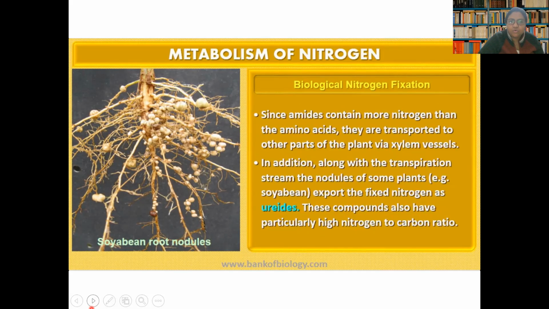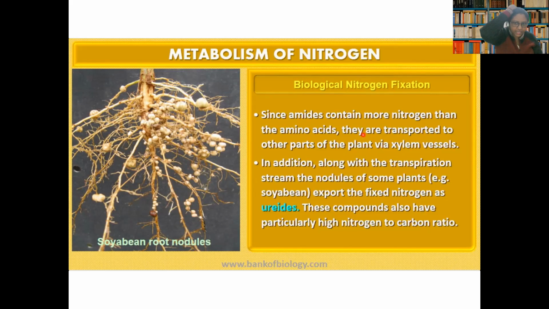Amides contain more nitrogen than amino acids. In amino acids, generally only one NH2 group is there; in amides, more than one. So that's why they are transported to other parts of the plant via xylem vessels, and that is the way it is supplied to every part of the plant.